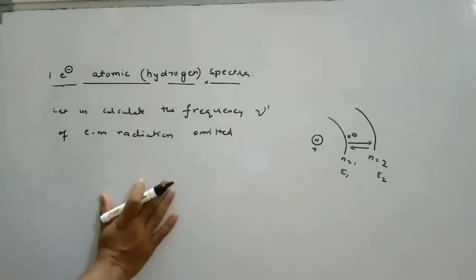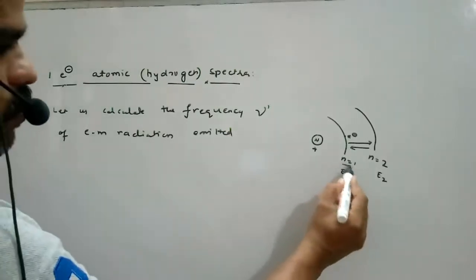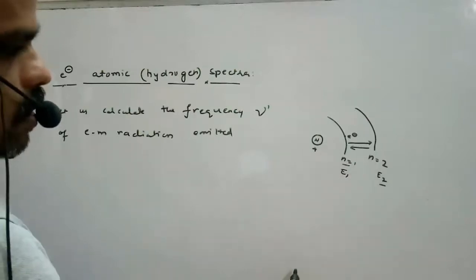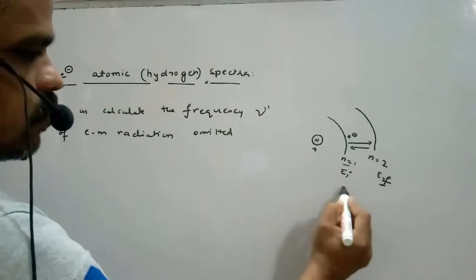Let us calculate the frequency of electromagnetic radiation emitted when the electron is initially in one energy level and then goes to another energy level, from initial energy EI to final energy level EF.